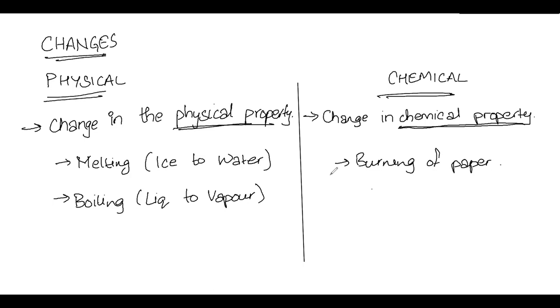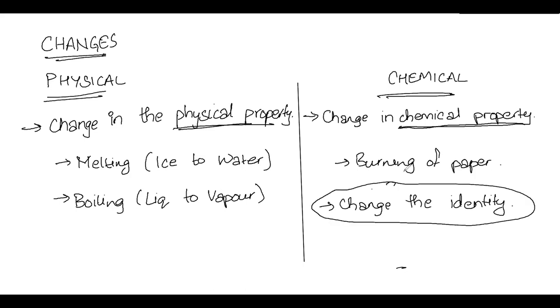So chemical changes change the identity. This is the core line that we need to focus upon: chemical changes change the identity of the substance, whereas in physical change, identity remains same.